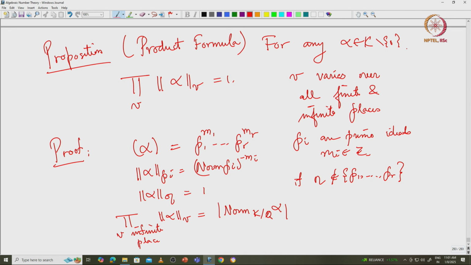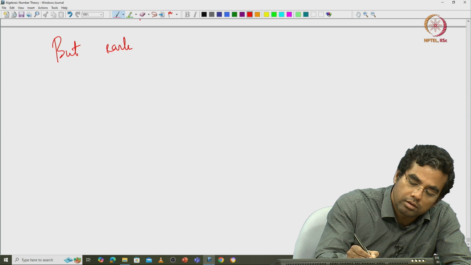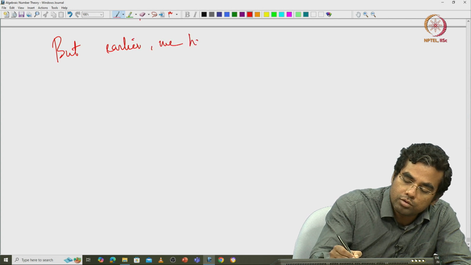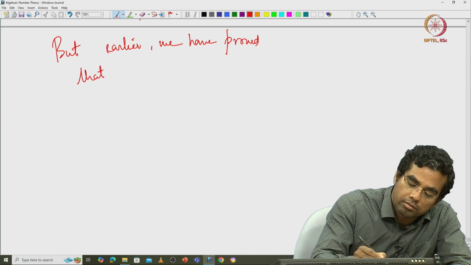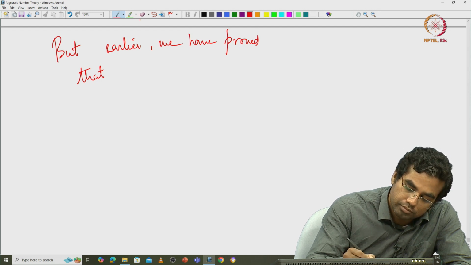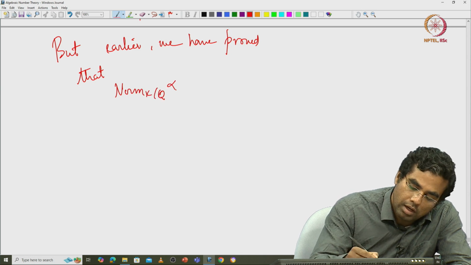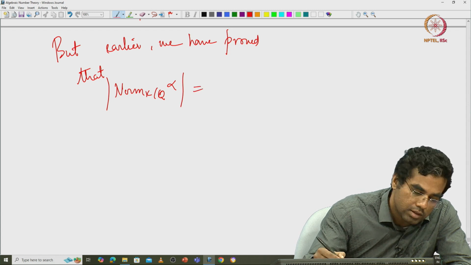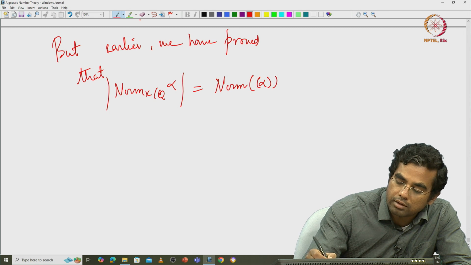But we have proved earlier that if I take the norm from K to Q of alpha and I take its modulus, this is the same as the norm of the ideal alpha, right.